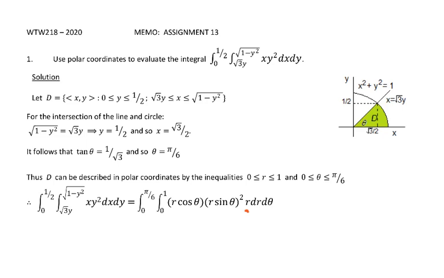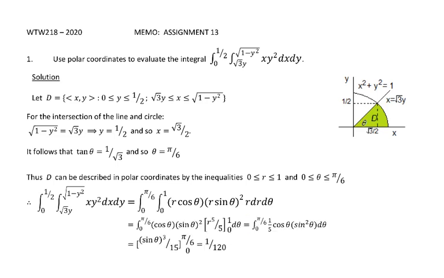Remember that we have to add the Jacobian, which is r in this case, underlined in red. The integrals are straightforward, so we leave that up to you to do. As you can see, the final answer is 1 divided by 120. That concludes the discussion of problem 1.